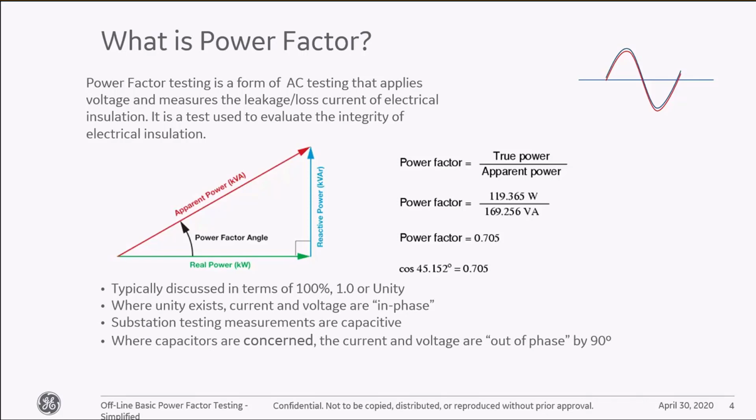Where capacitors are concerned, the current and voltage are out of phase by 90 degrees. One reason is that we don't want power moving across that circuit. Think about that for a moment. Capacitors ought to be very close to a zero power factor. Now, we can't get there because there's no perfect capacitor, but we get pretty close to zero.